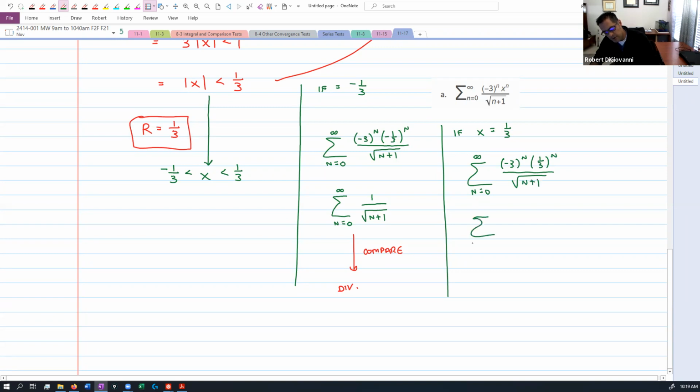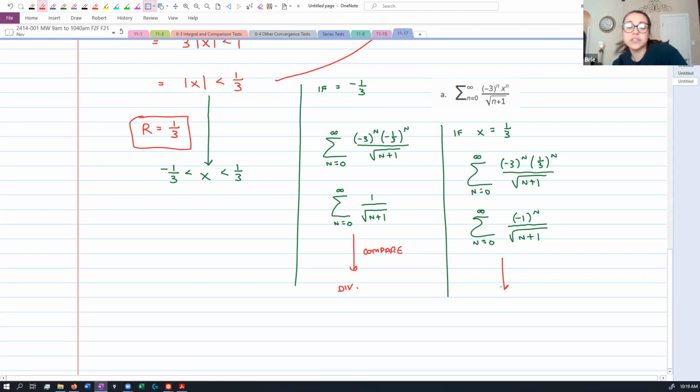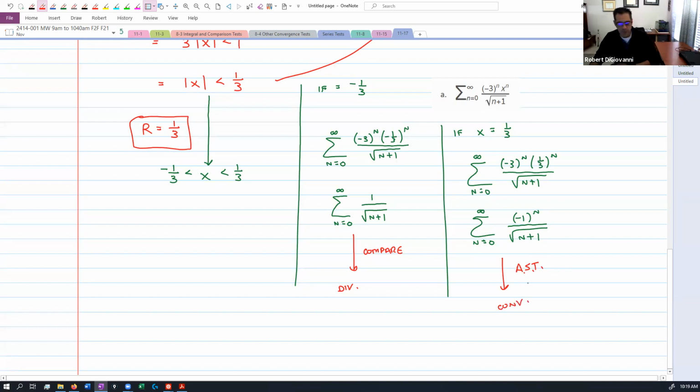This time when we put those two together on top, we don't get 1, we get -1 to the n over square root of n plus 1. And how would you do that? Alternating series? Yep. We would do the alternating series test on that. And that would converge. Not showing the work, but that's what would happen.